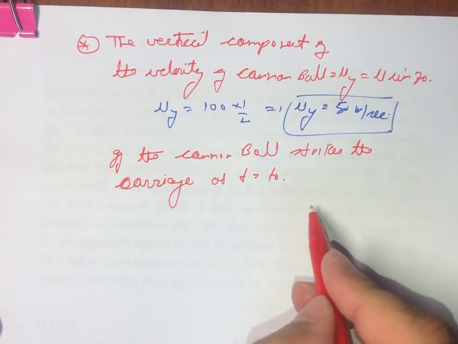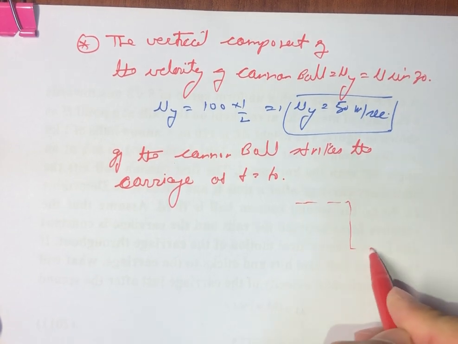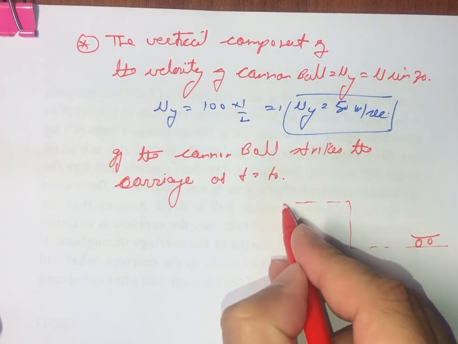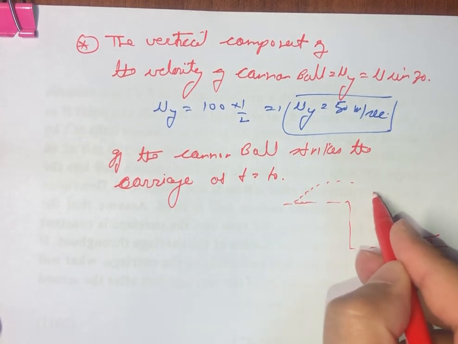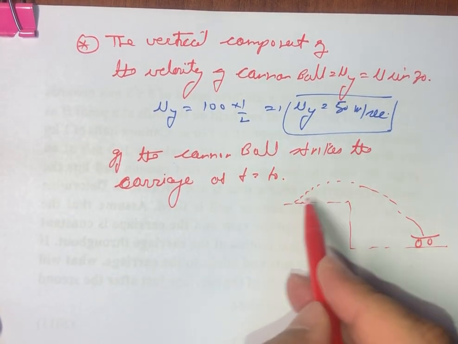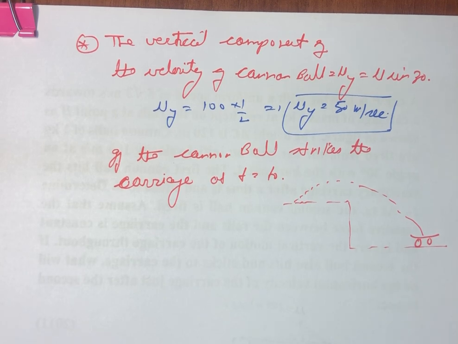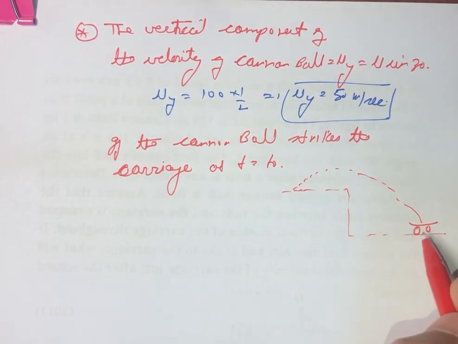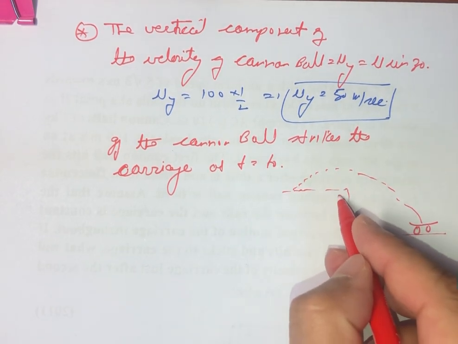So in this case, this is our carriage, and this is a cannonball like this, and this time is given as t naught, and the vertical displacement that is being covered by the cannonball is 120.